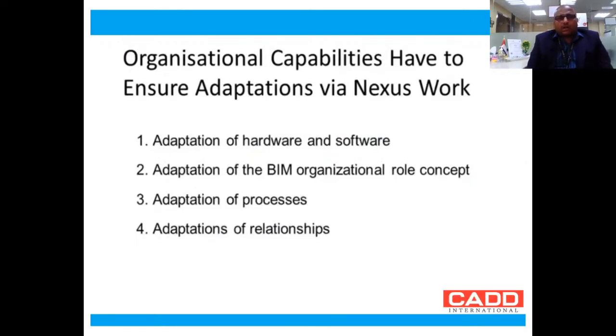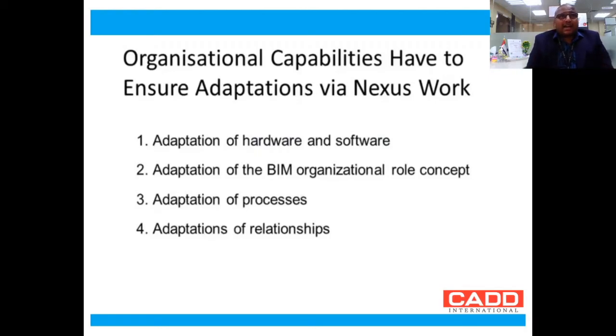So what are the organizational capabilities which have to be ensured during this adaptive process? They have to update their hardware and software. They have to have a BIM manager in their organization who can play the role of creating the BIM execution plan. They have to come up with more processes.